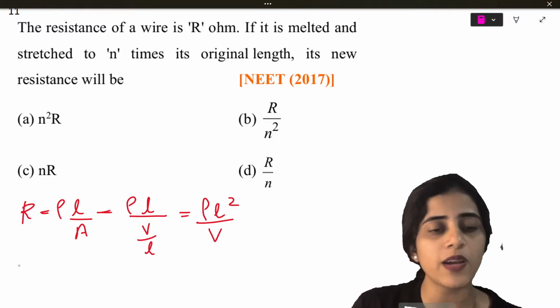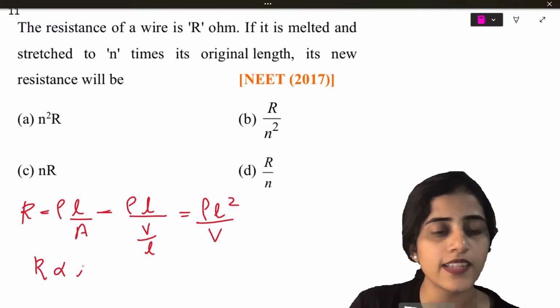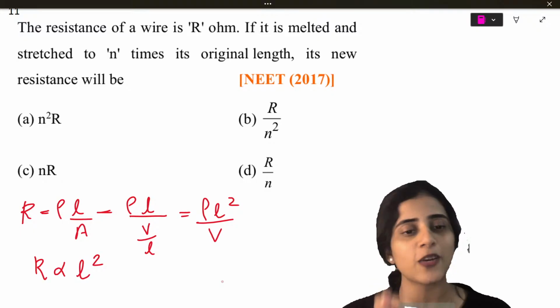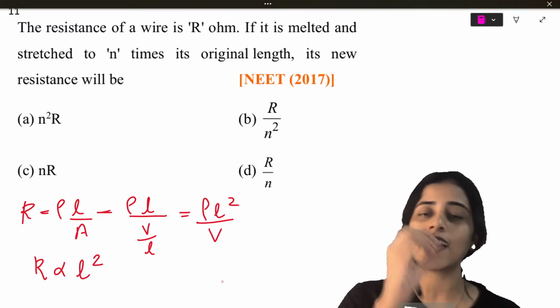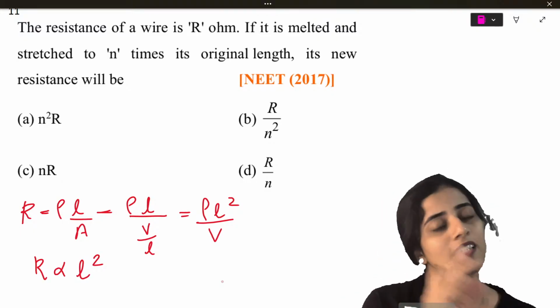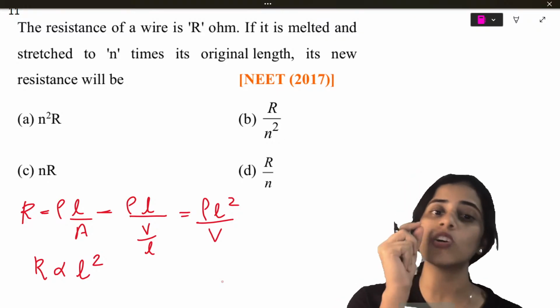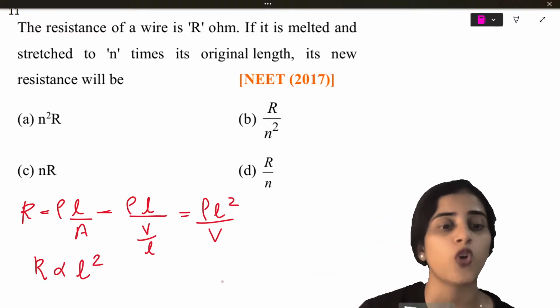Now from this, I will take resistance proportional to L square. Okay. So this is a tricky question because you will all take R is equal to rho L by A and write R is proportional to L. But no, you will not get the answer when you do that. You have to take it to V. Make it in terms of volume.